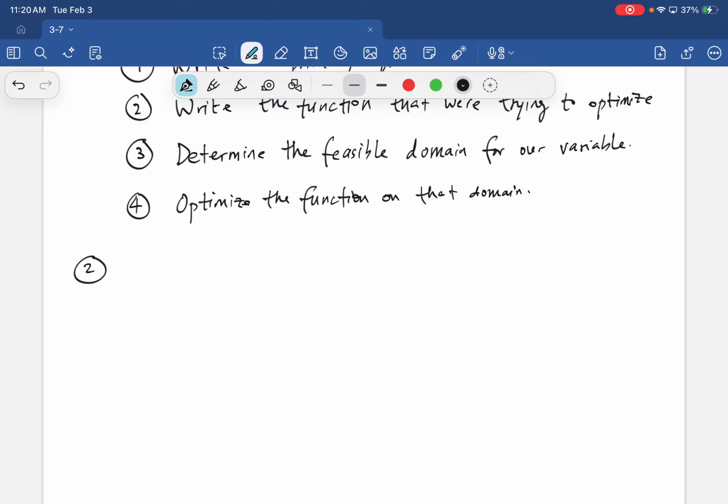Okay, so I'll continue. You can basically figure out that this is the maximum.